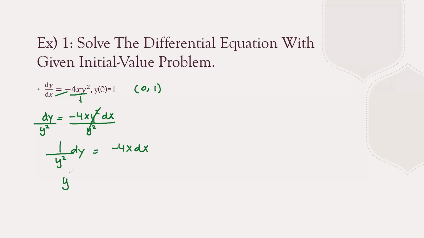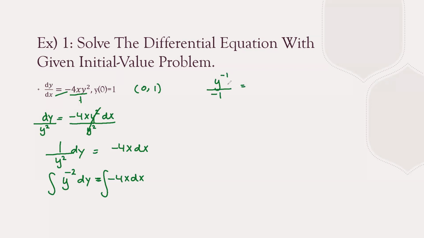So you can say y to the negative 2 dy, and integrate on both sides. What's the integral of y to the negative 2? You just use the power rule: negative 2 plus 1 is negative 1, divided by itself.